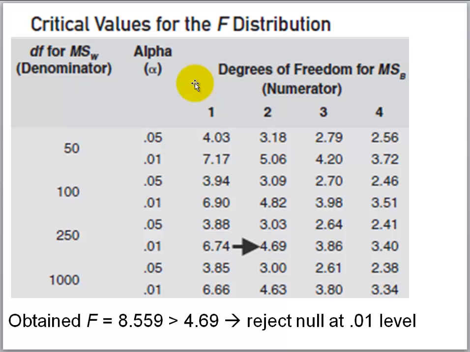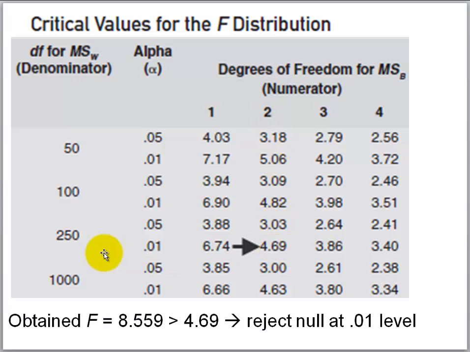So what you need to do is locate the appropriate tabled F value according to degrees of freedom for the MSB and also for the MSW and for the selected alpha level. So we had 2 degrees of freedom for the mean square between. So this is the column that we'll use for mean square between.